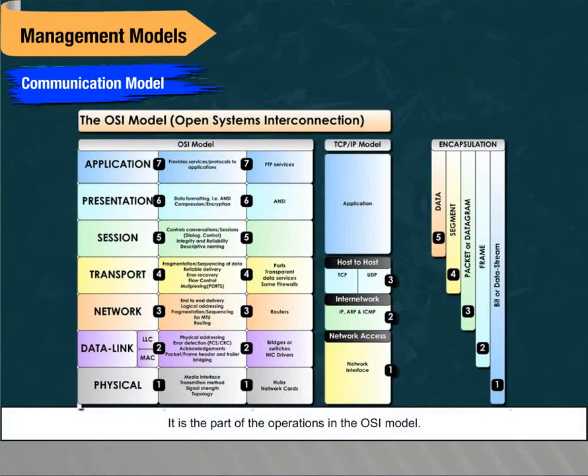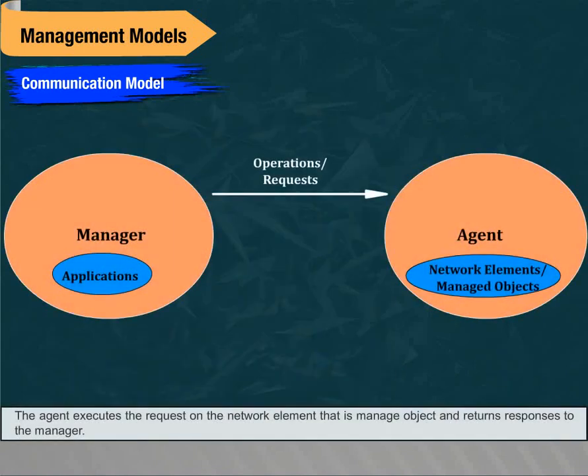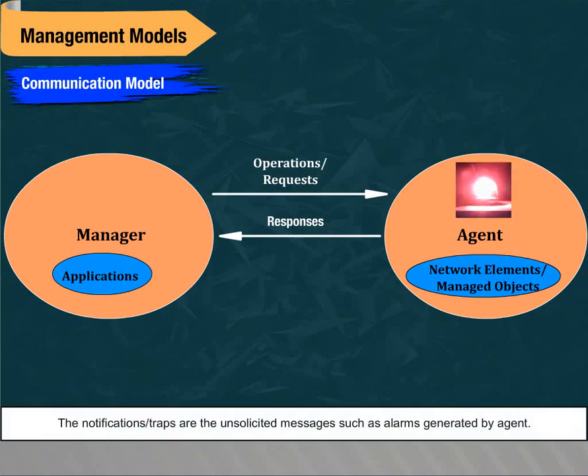It is a part of the operations in the OSI model. The agent executes the request on the network element, that is the managed object, and returns responses to the manager. The notifications or traps are the unsolicited messages such as alarms generated by the agent.